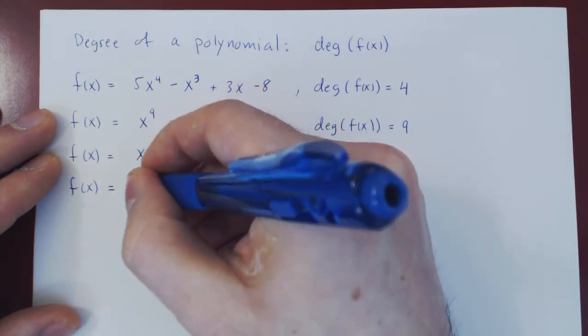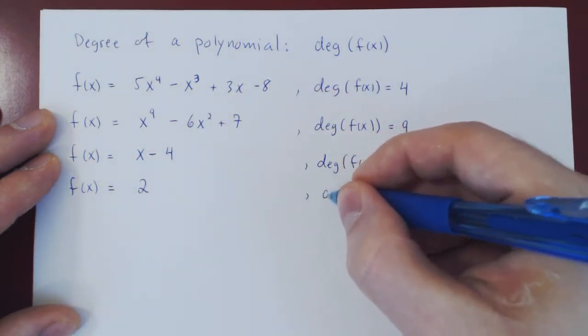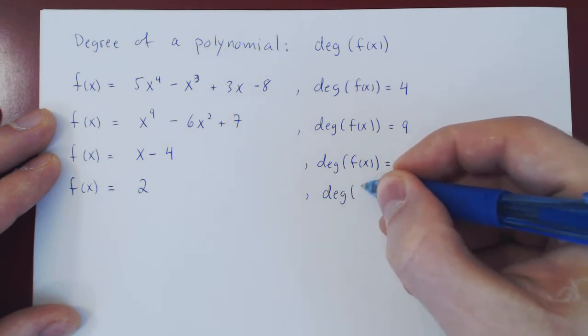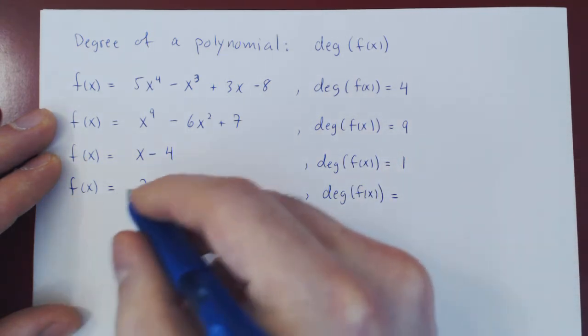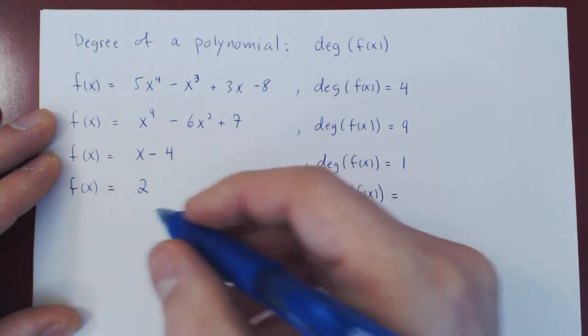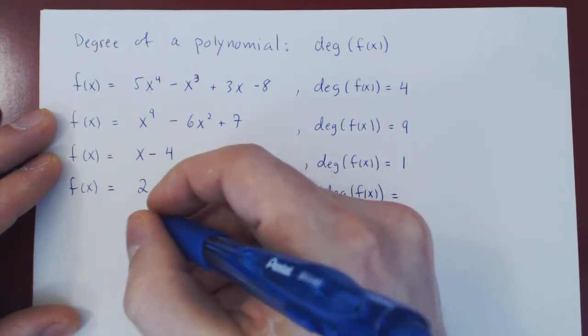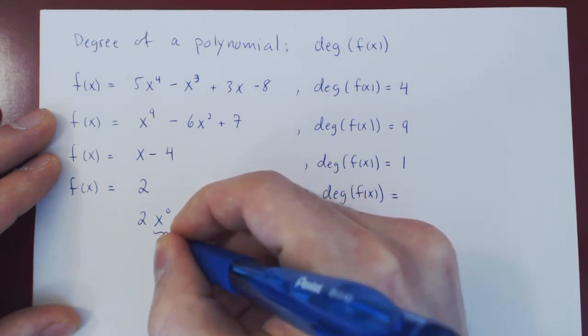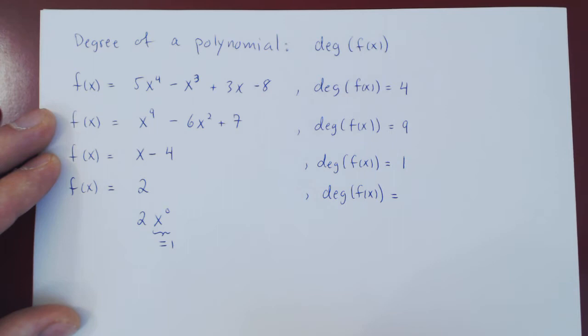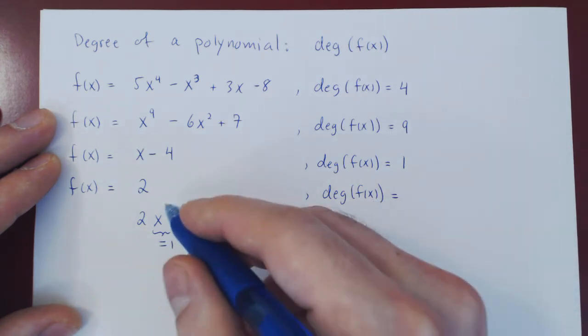What if f of x equals 2? Then in this case, what is the degree of this polynomial? Here, if you think about it, there is no power of x. But if you think of the constant 2 being 2 times x to the 0, as x to the 0 is equal to 1, then the degree of the polynomial is equal to 0.